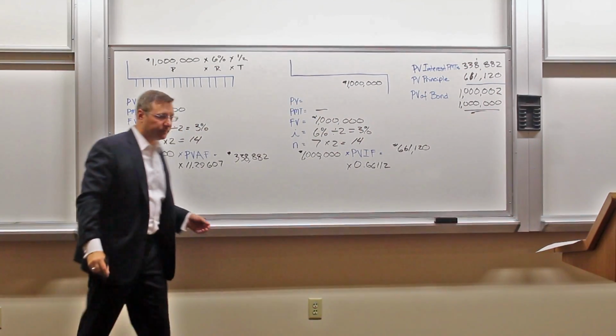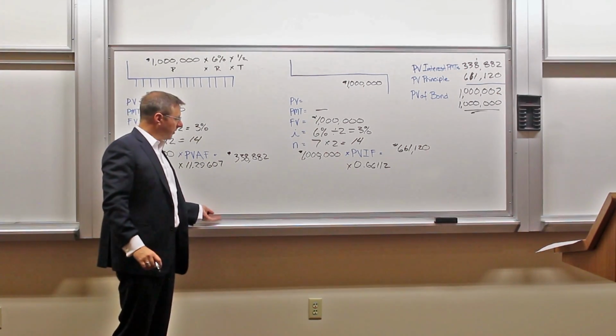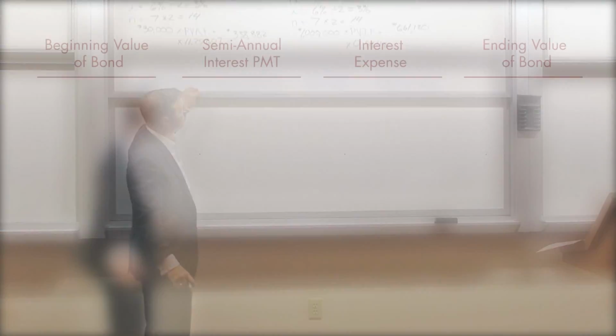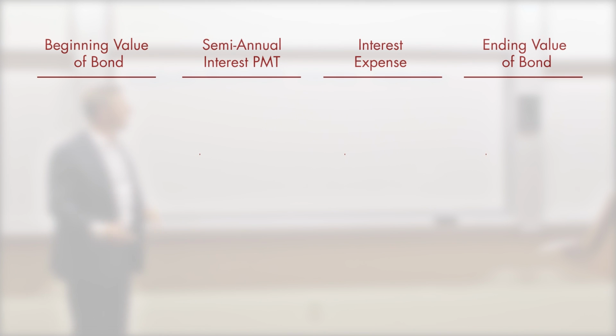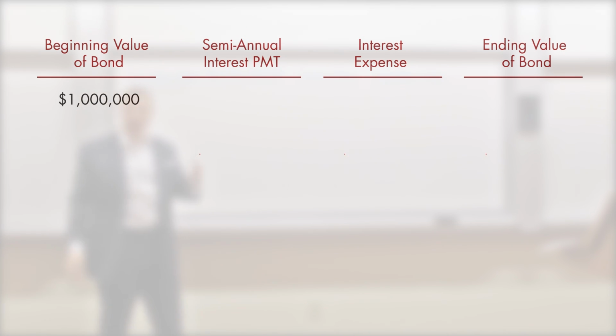million. The second half of this particular problem has me figure out what is going to be my interest expense. My beginning value of the bond is what I calculated as my present value. Notice that I have taken off the rounding error. $1 million. The semi-annual interest payment.